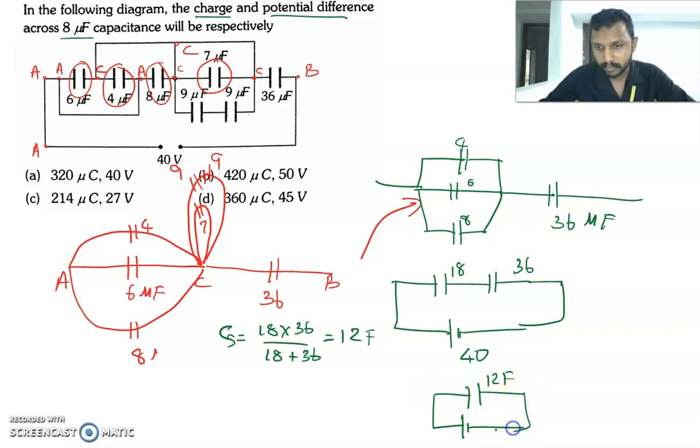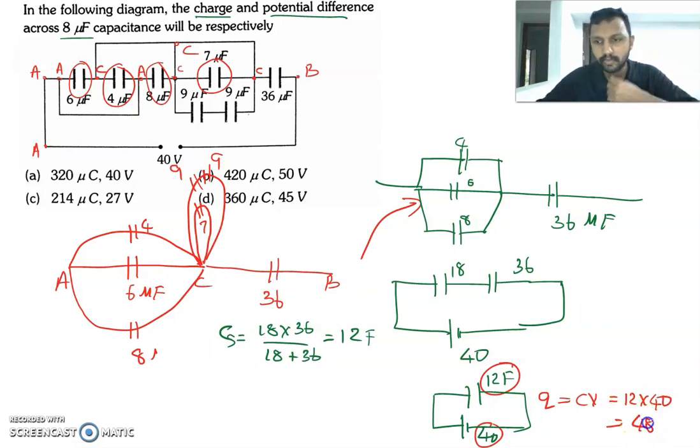It is connected to a 40 volt battery. Since we know C and V, we could find Q. Q is equal to CV, that is 12 into 40, and you will get 480 coulomb.